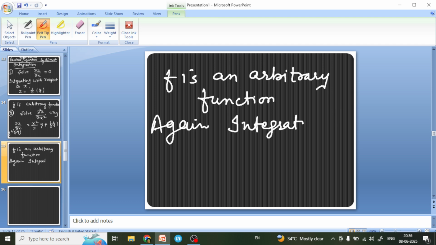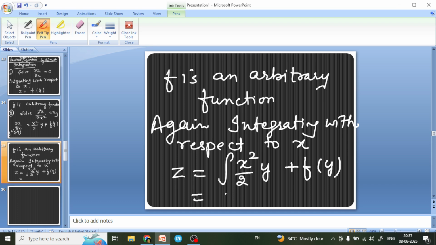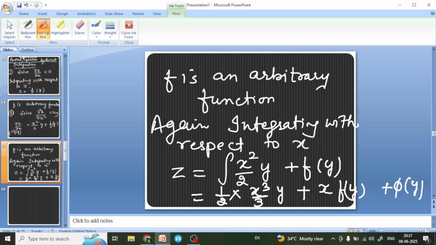Now again integrating with respect to x, z is equal to the integration of x square over 2 y plus the integration of f of y. We get 1 by 2 into x cube over 3 into y, plus x times the function of y, plus phi of y.